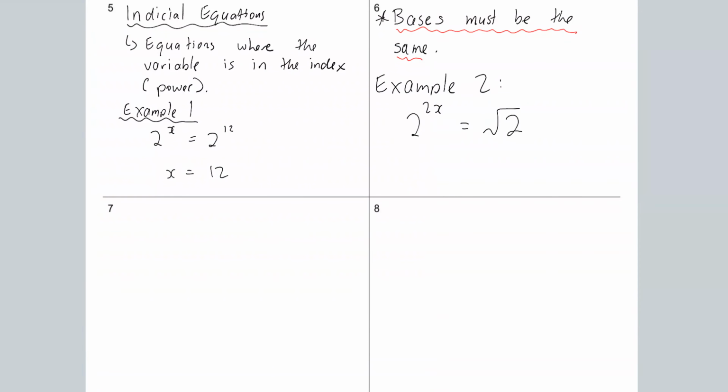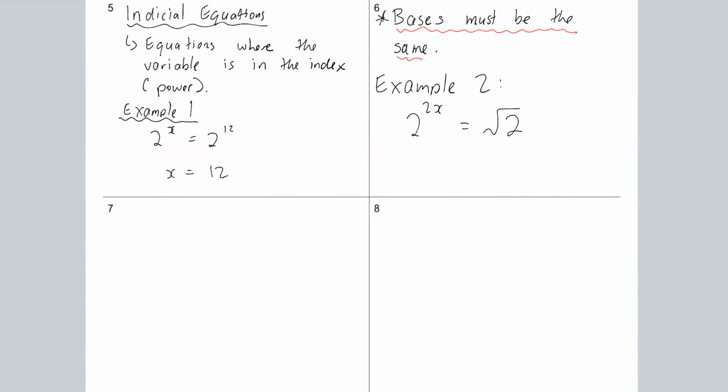What can we do to make the base the same on both sides? Timesing both sides by 2 won't actually help. Timesing both sides by root 2 won't help either, because then I'd have root 2 times 2 to the power of 2x equals 2. That's great, but now I've just got the root 2 on the other side. So it won't help us.